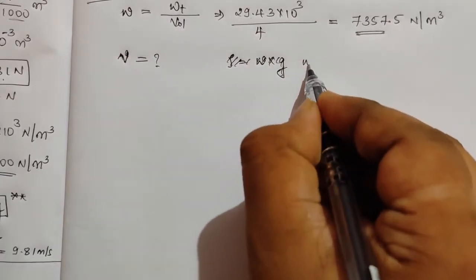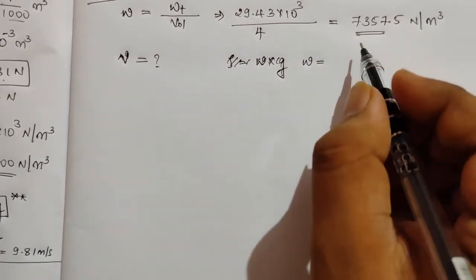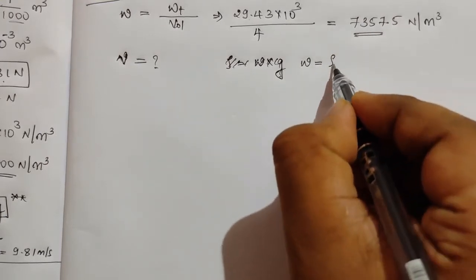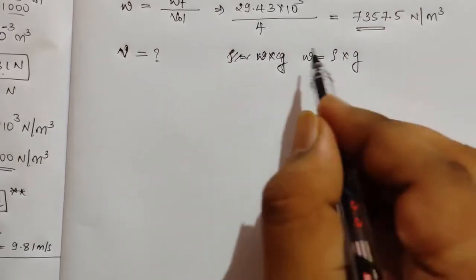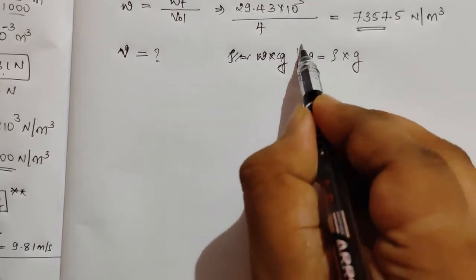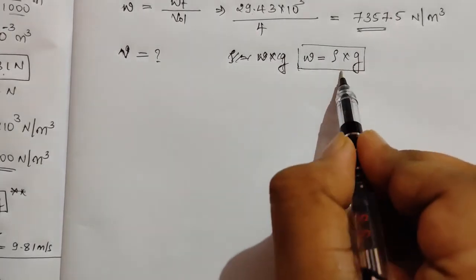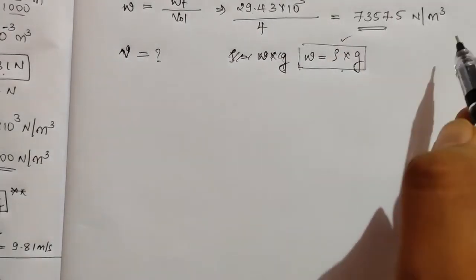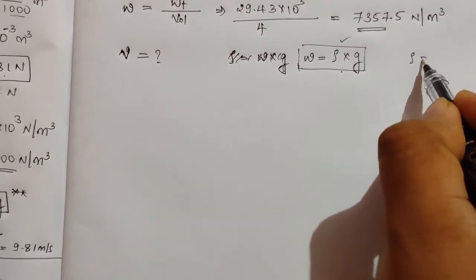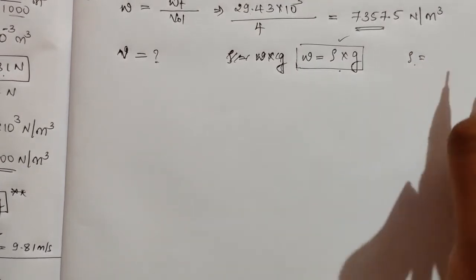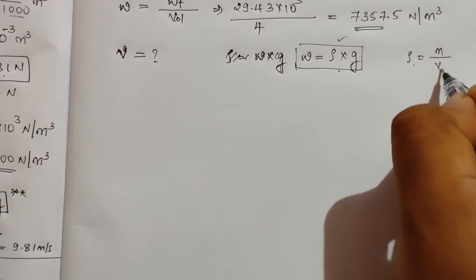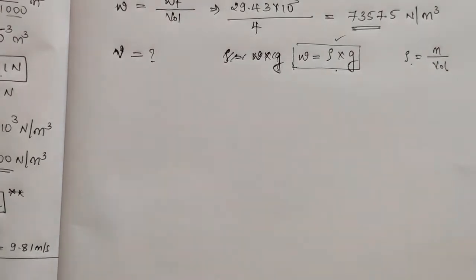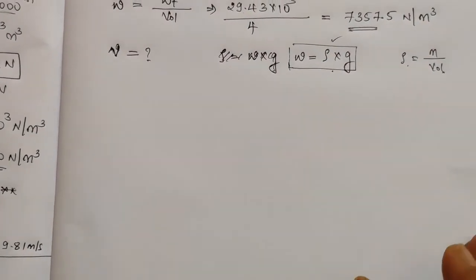We know this relation, that specific weight is equal to mass density into gravity. By this I can find the mass density, or I can use mass density equal to mass by volume by converting the terms. Both will give you the same answer.